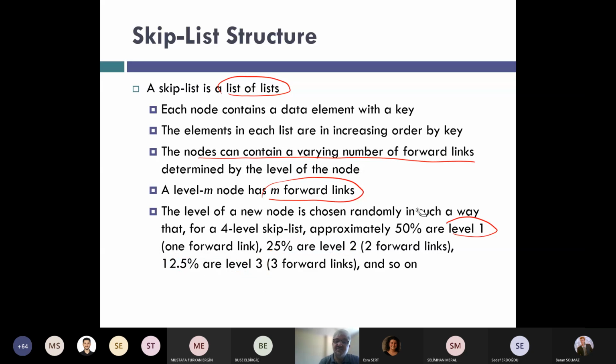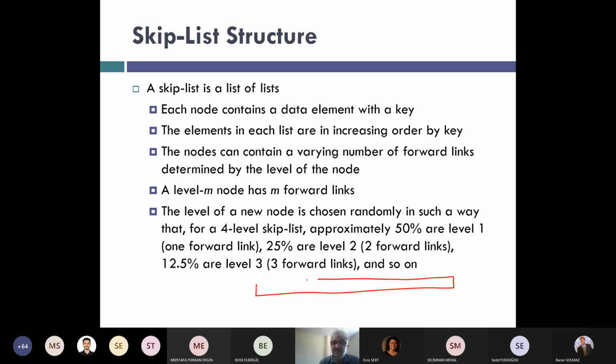So when you have this many elements, half of them are level 1. Half of the rest is level 2. Half of the rest is level 3. Half of the rest is level 4. Half of the rest is level 5, etc. So the probability of a node being level 1 is 1/2.